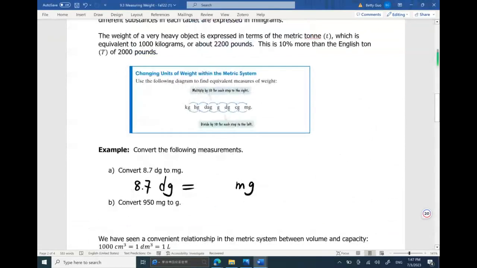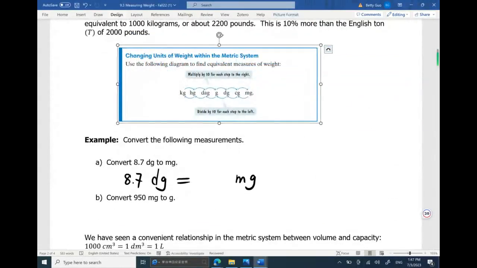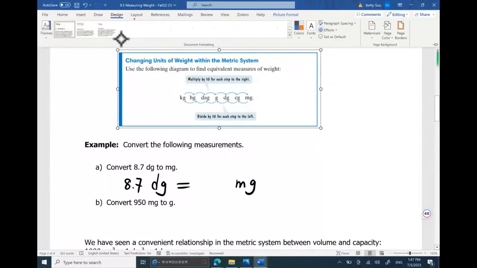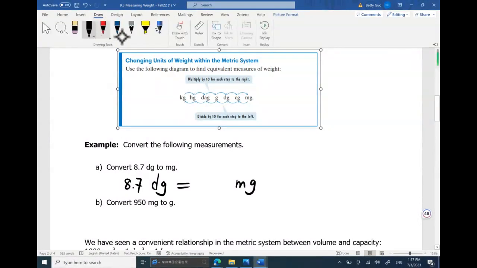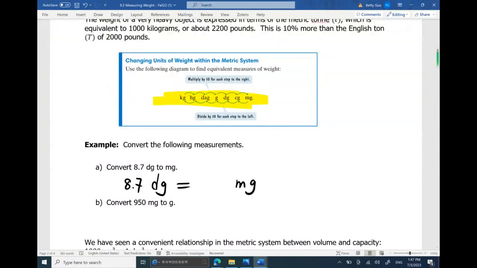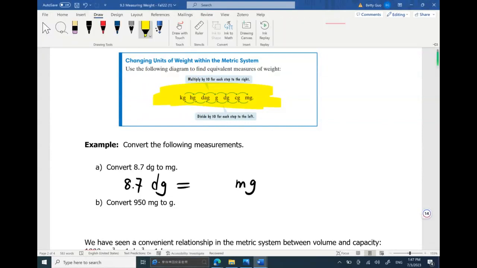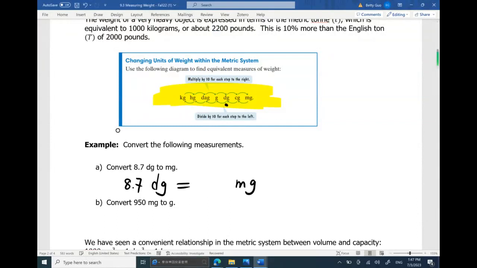So this is a conversion within the metric system, right? And now you see this again. If you remember the graph about the meters, like a linear measurement, you would have no problem understanding this part. So look at where the decigram is. Decigram is here.